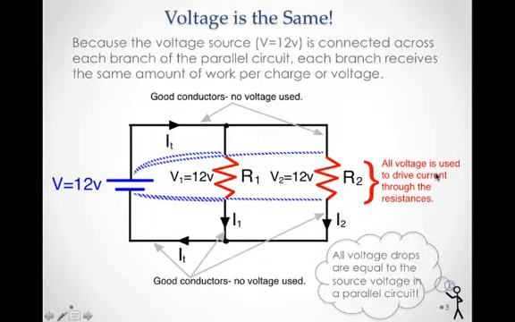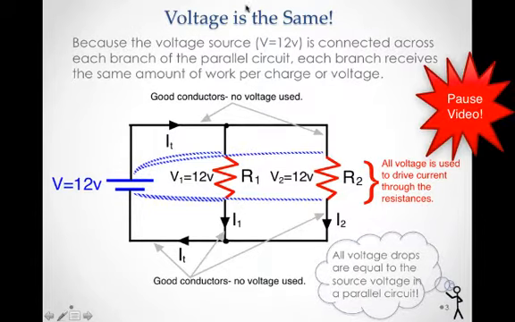And we can have R3 and R4, and it would still be 12 volts across all of those components. And again, this is why your house is wired in parallel, so that each component, when you plug into an outlet, will experience the same voltage. In a house, though, it's not 12 volts, it would be 120 volts. This is probably one of the most important ideas in parallel circuits, that voltage is the same.